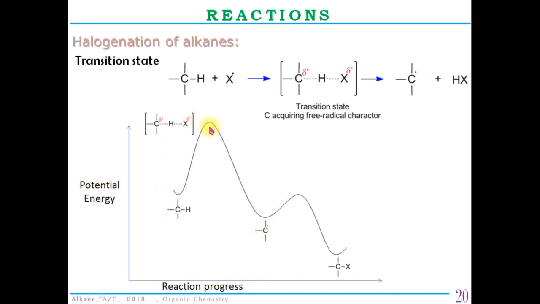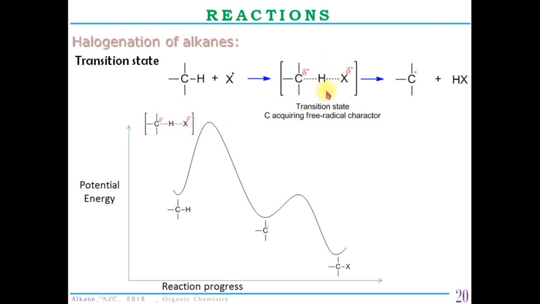In the transition state, we can also see the molecular connectivity. If you see in alkane, the C-H bond breaks and we get alkyl radical. Now this H is taken up by halide radical. So this kind of interaction we will see in transition state.